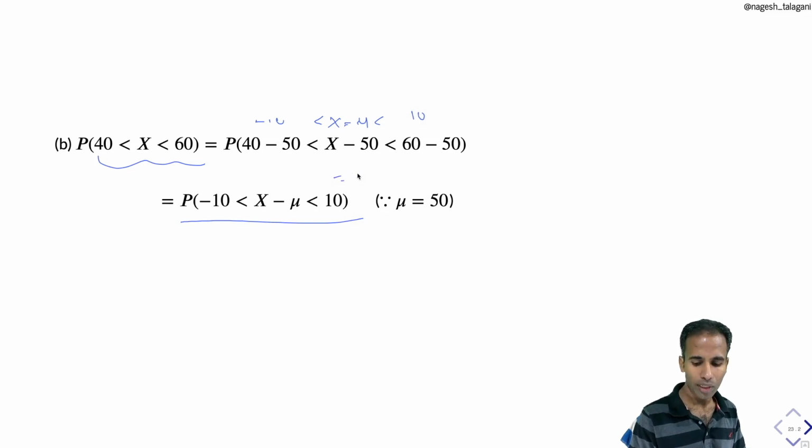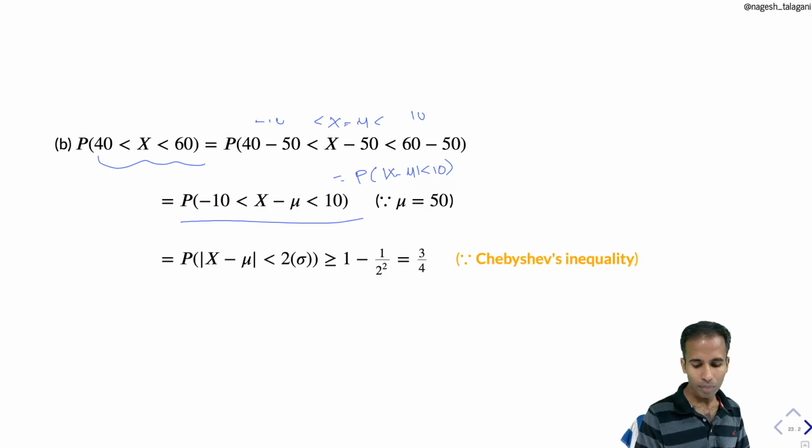So this we can write as the probability of mod x minus mu less than 10, where mu equals 50. Now this 10 I can write as 2 sigma. Sigma square, the variance, is 25, which implies the standard deviation sigma is 5.